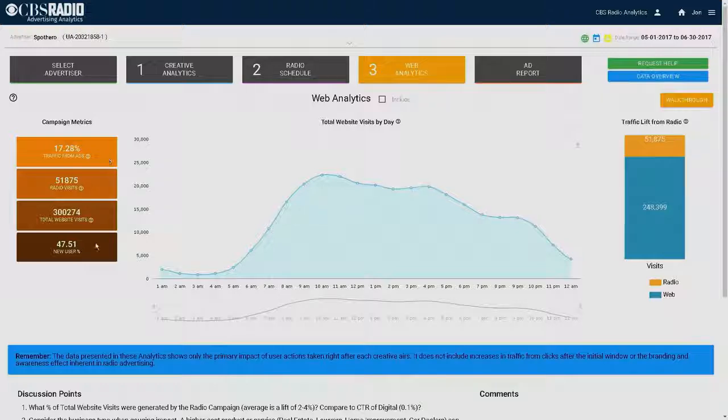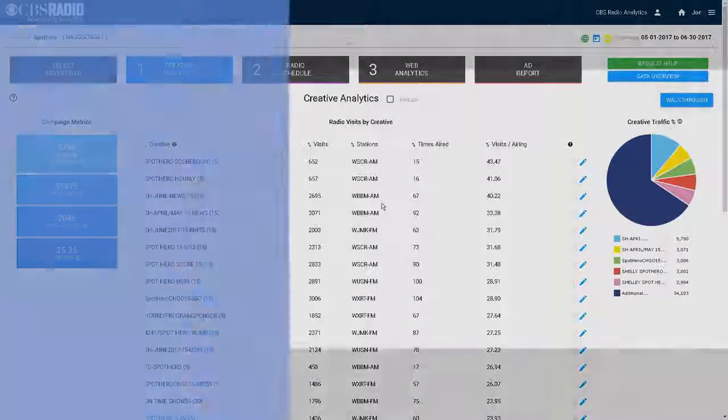Also importantly, you can look at the percentage of new users that came to the website during this campaign, so as to suggest that the radio campaign is not only excellent at bringing repeat users to a website, but also bringing in new business. So that's a quick example of a data set and what the platform can do.